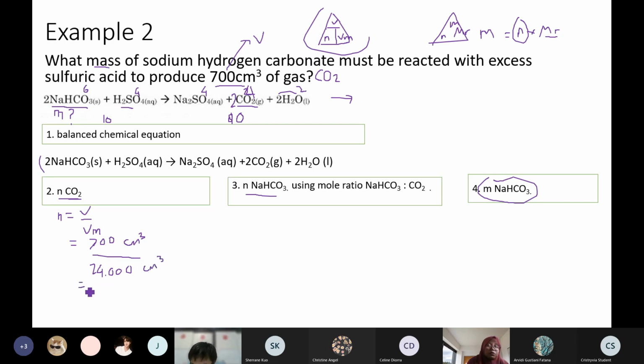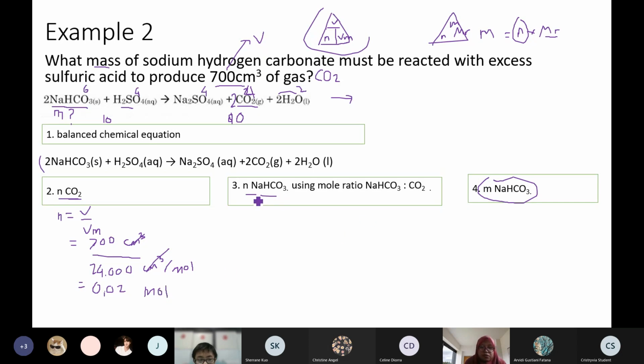What is the number of moles of carbon dioxide? 700 over 24,000, which is 0.029. The unit of Vm is centimeter cubes over mole. We can cancel centimeter cubes, so mole minus 1 will change into mole.